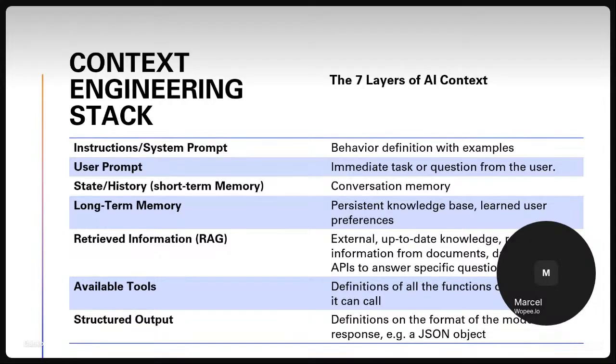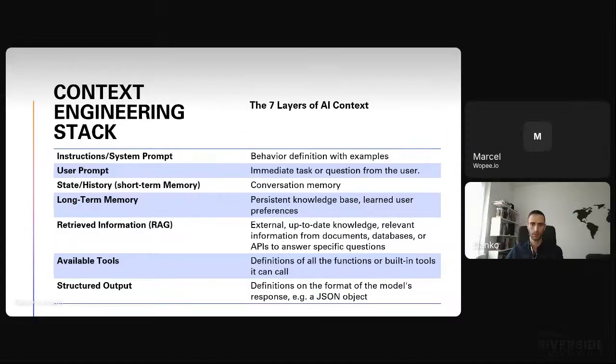Short state history, or short-term memory, is the current conversation memory from the current chat session. Long-term memory is a persistent knowledge base, some learned user preferences, and past conversations from previous sessions.